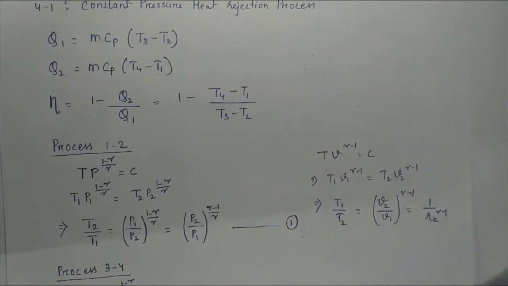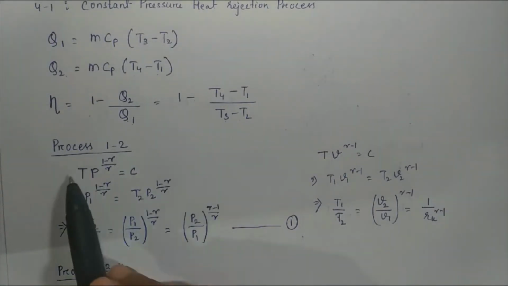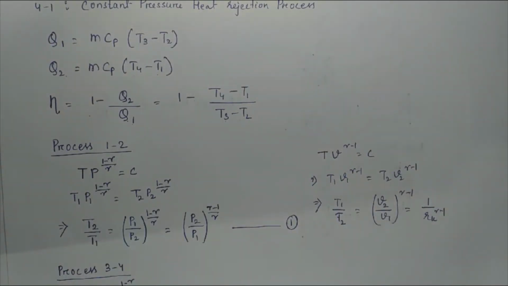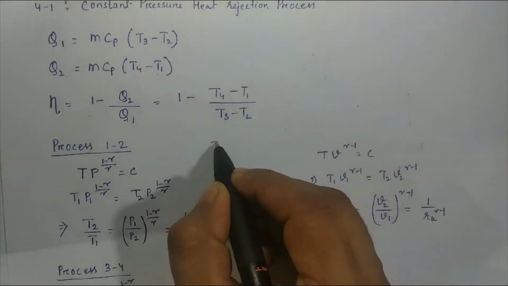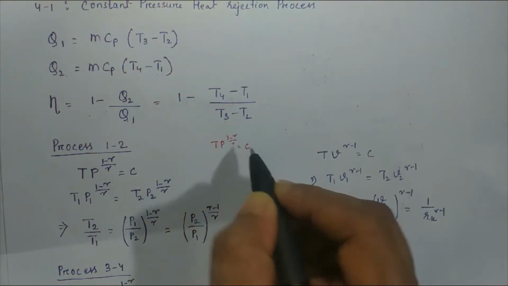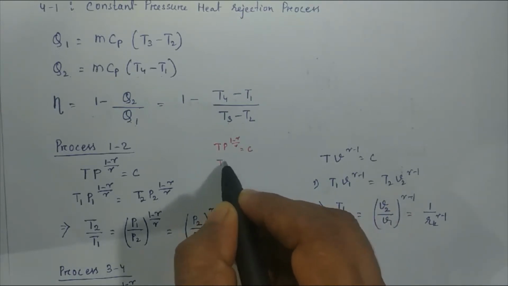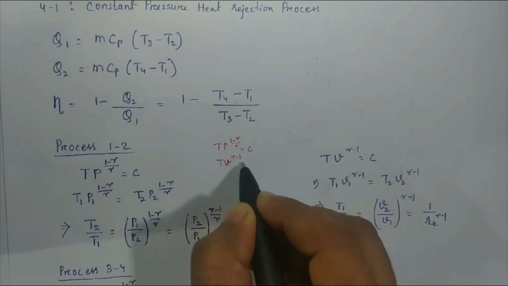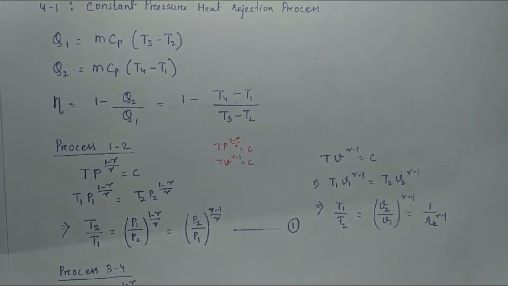Now we consider the process 1 to 2, a reversible adiabatic compression process. So it is an adiabatic process, and we can use the relations T p to the power (1 minus gamma) by gamma equal to constant, and T v to the power (gamma minus 1) equal to constant. These are the equations we can use for the adiabatic process.